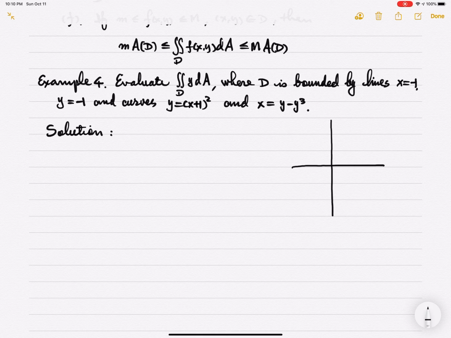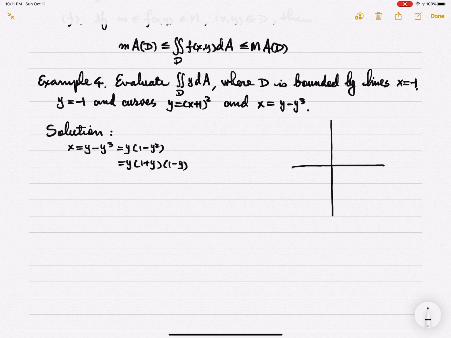Okay, you think about x equal to y minus y to the third, and so if you look at it, x equal to y minus y to the third. Now this is equal to y times (1 minus y squared). So this is y times (1 plus y) times (1 minus y), right?